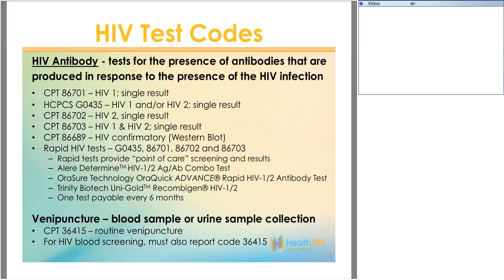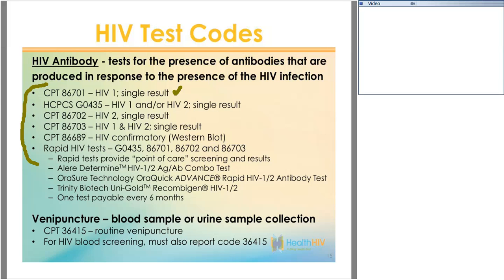So this slide gives you an overview of the HIV test codes. These codes here are specific to the antibody. So the first code is your CPT 86701, which is an HIV-1 single result test.